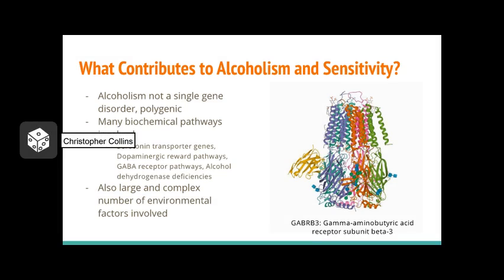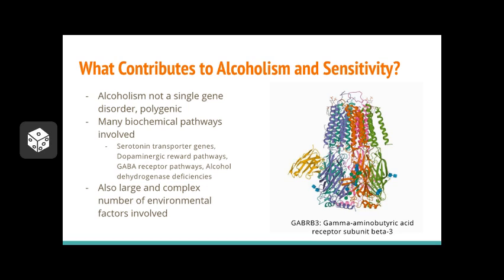So now I'm going to be talking about what contributes to alcoholism and alcohol sensitivity. So, alcoholism, much like many of the disorders and diseases that we've covered this semester, is not a single gene disorder. It's polygenic. This means that there's not one specific gene in the genome that is responsible for someone becoming an alcoholic.